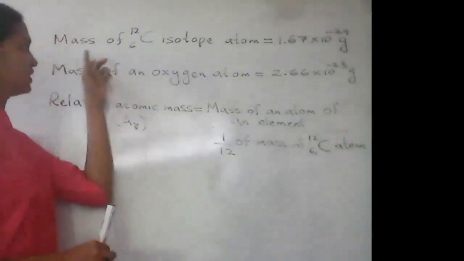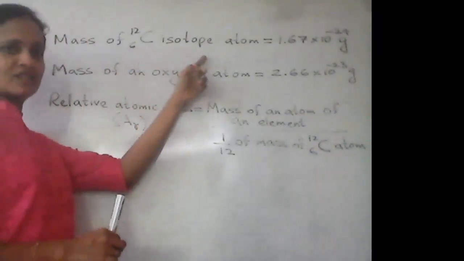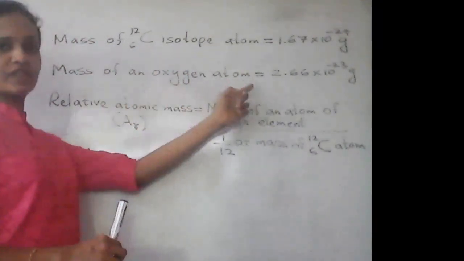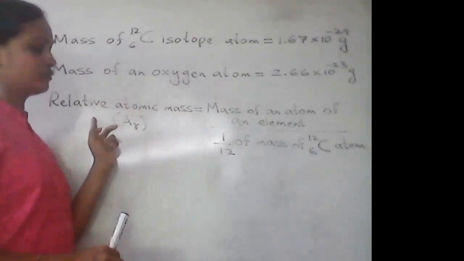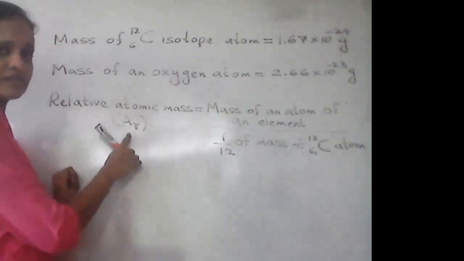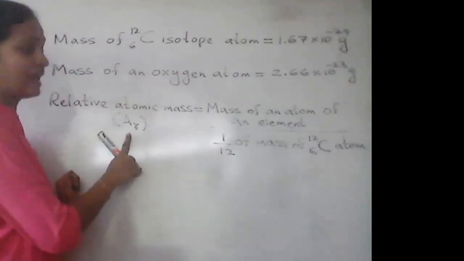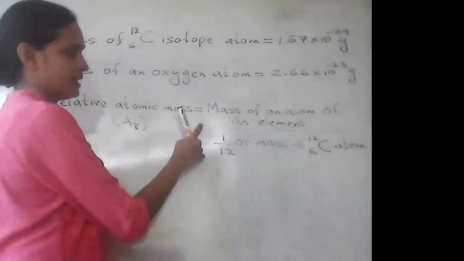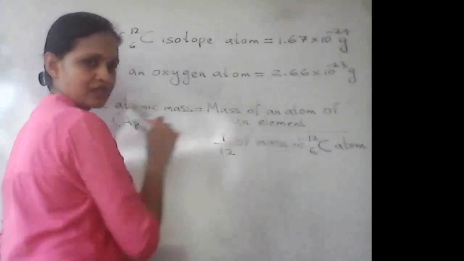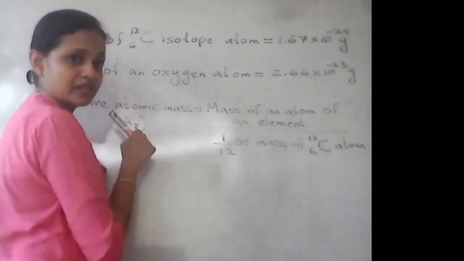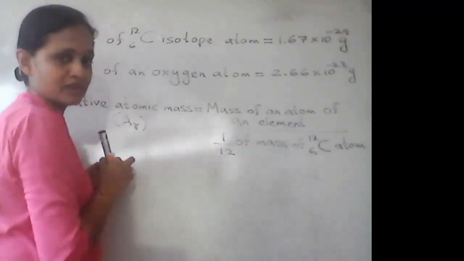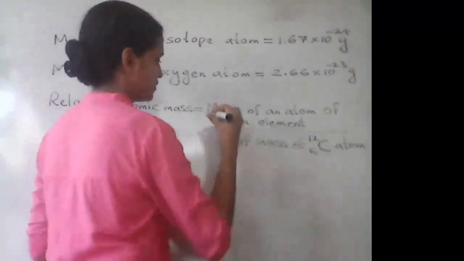Here I have mentioned the mass of the carbon-12 isotope atom, and you are given the mass of an oxygen atom. So we need to find the relative atomic mass of oxygen. We symbolize relative atomic mass as Ar. So it is equal to the mass of an atom of the element divided by 1/12 of the mass of the carbon-12 isotope atom.